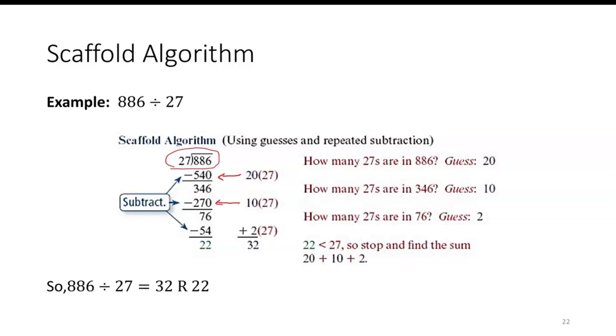And I'll guess twice. 2 times 27 is 54. If I subtract, I get 22. And now I can't subtract anything more, so that's where I can stop. So I add up my guesses. 20 plus 10 plus 2 is 32. And my remainder is 22. So 886 divided by 27 is 32, remainder 22.